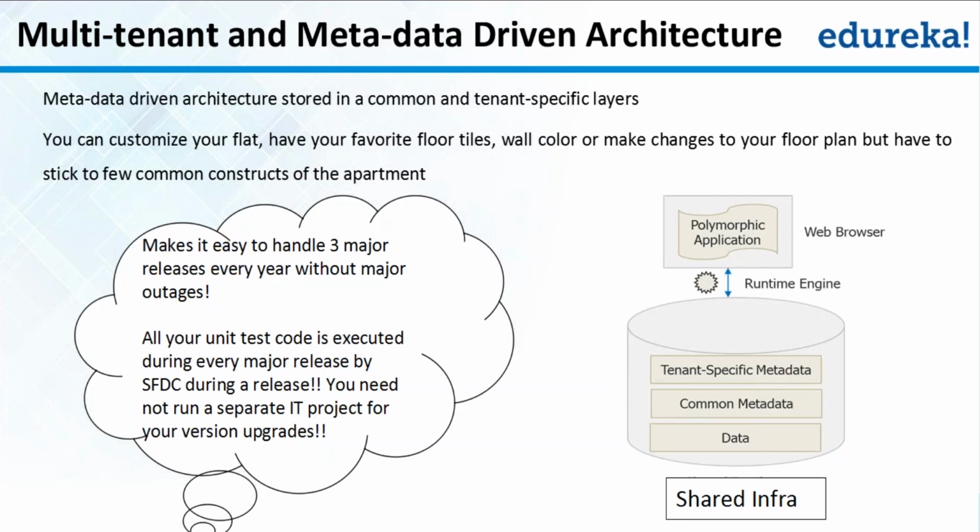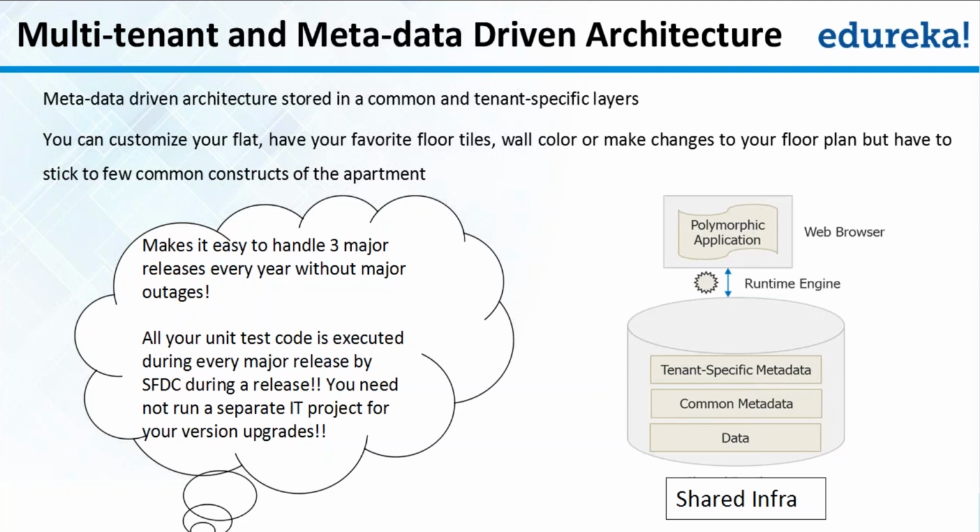So you cannot simply alter the entire layout. Whereas within your room, you can decide what you want to keep. You can decide the color, the attributes of your rooms, how they look and feel, and what sort of flooring you want, what sort of furniture you want to keep, the quality, material, whatever, right? To a certain extent you have flexibility, and to a certain extent you have to comply with the overall generic framework, right?